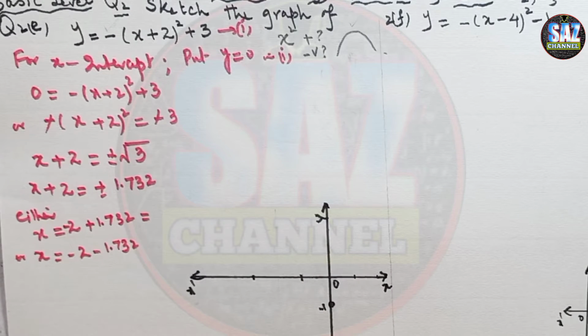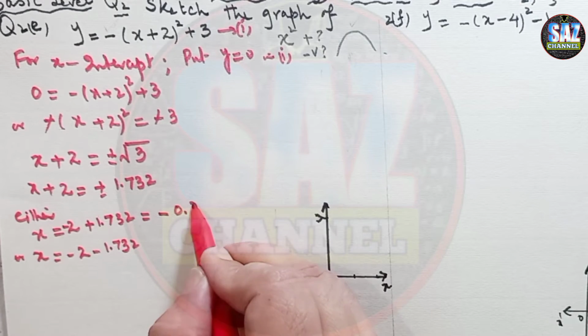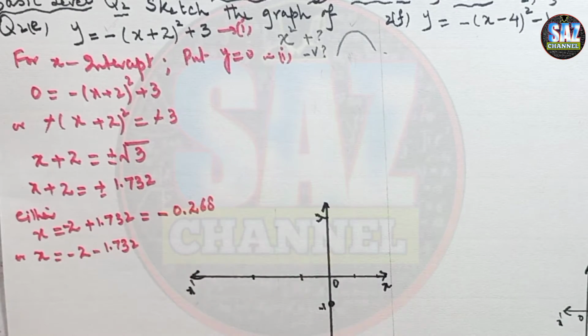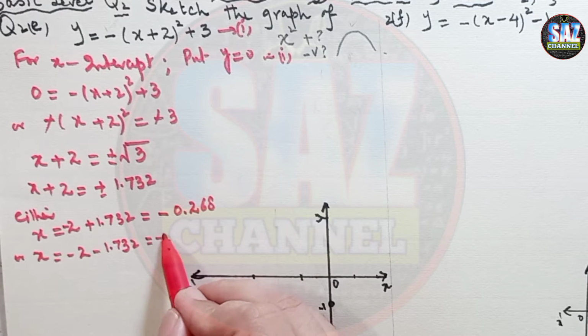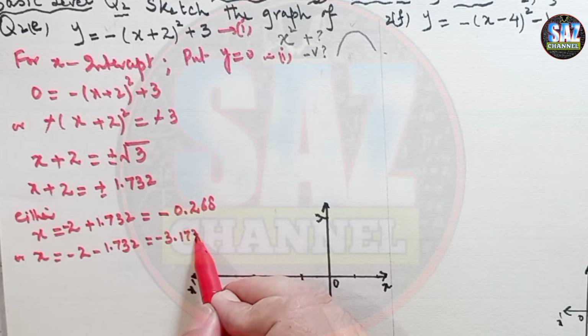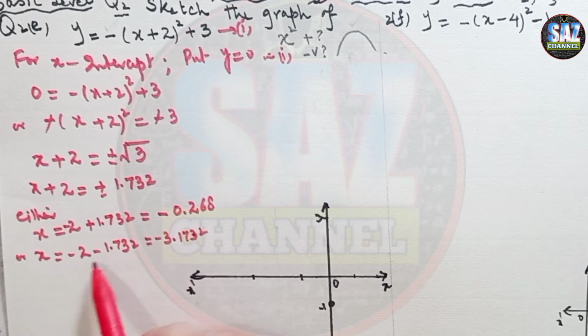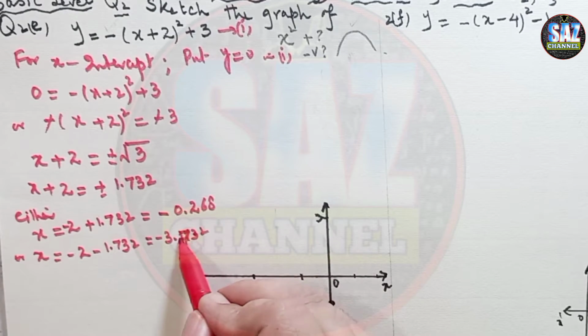Minus 2 plus 1.732 will be giving me minus 0.268, and minus 2 minus 1.732 is minus 3.732.